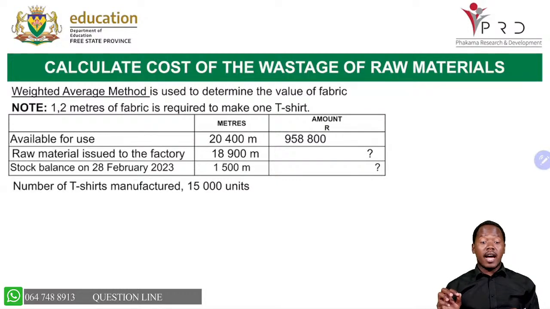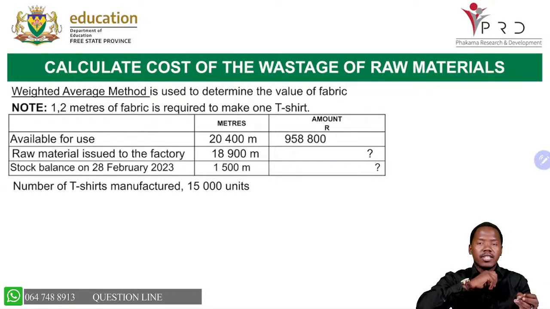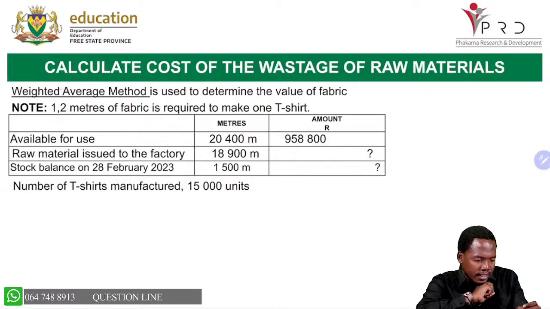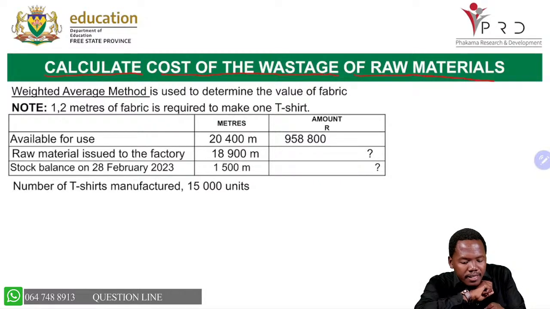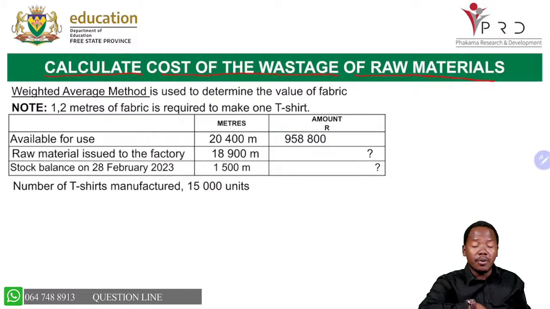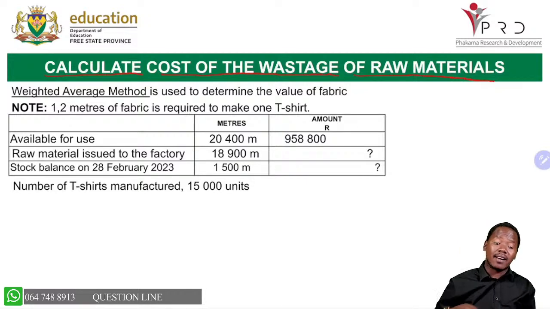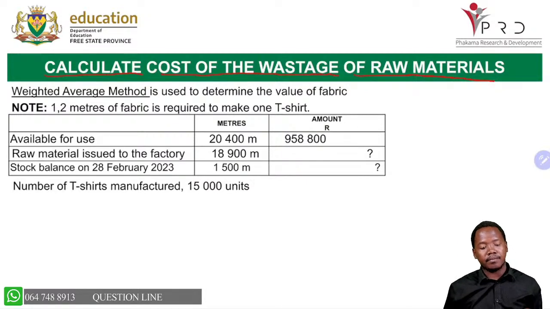Now, let us move on. Now we are moving on to the next part of our work. The question here, what does it say? Let's look at this. Calculate the cost of wastage of raw material. The owner is concerned about the wastage of material. Now let us calculate the cost of wastage.